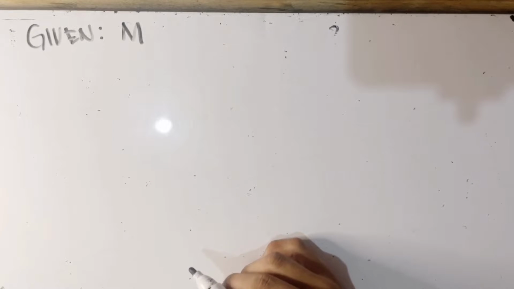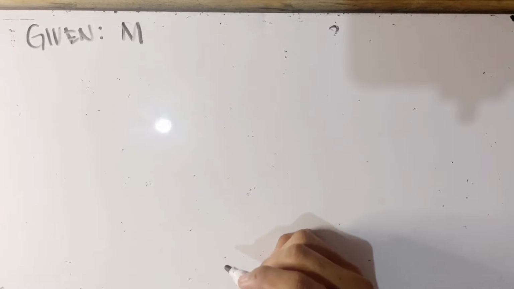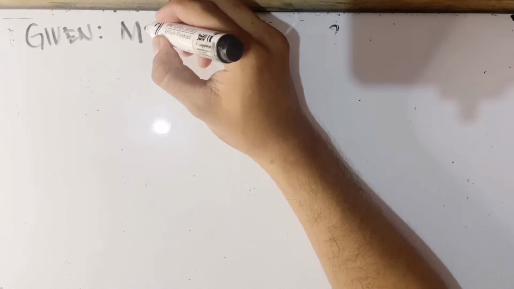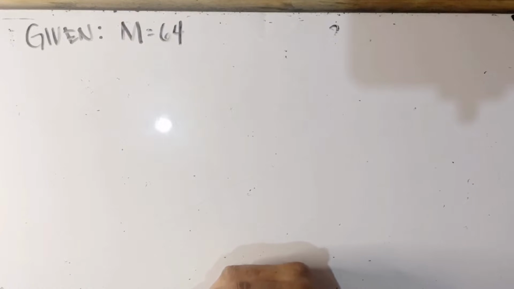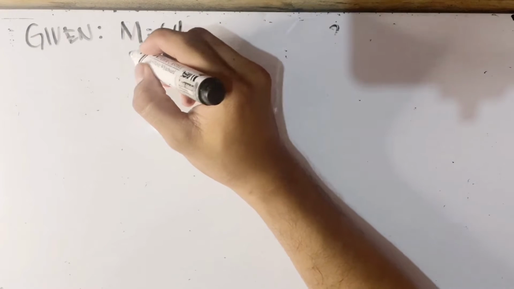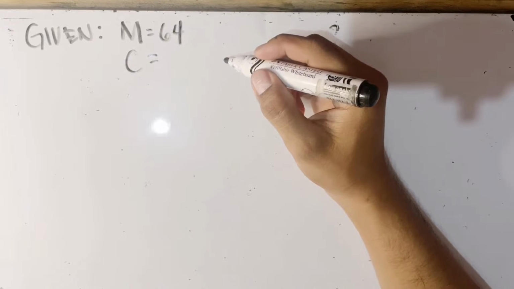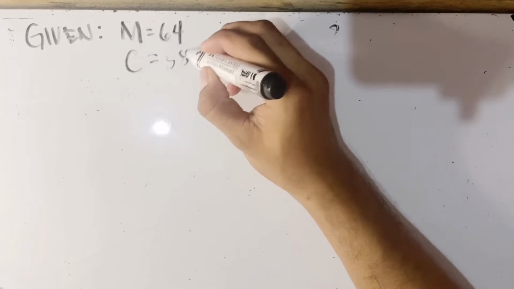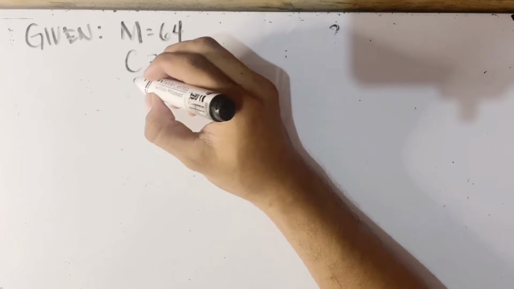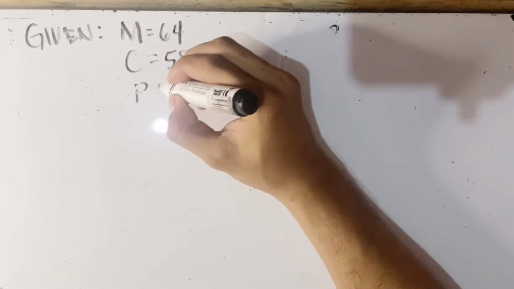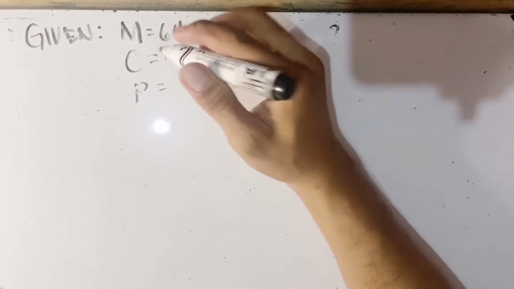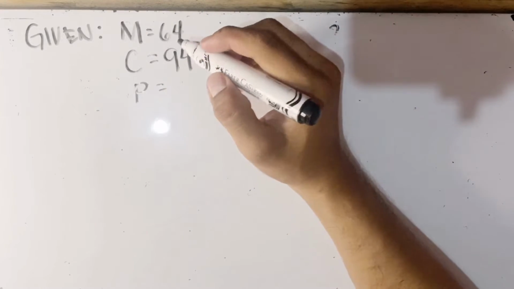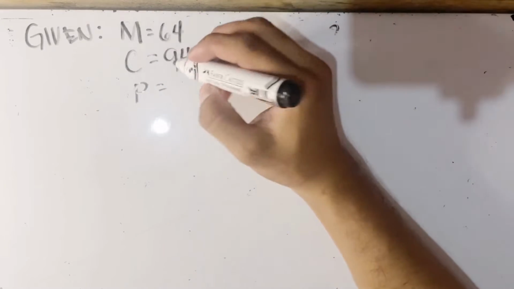M is the symbol for mathematics, and there are 64 total students. For chemistry, C will be the symbol, and we have 94. For physics, we have 58.